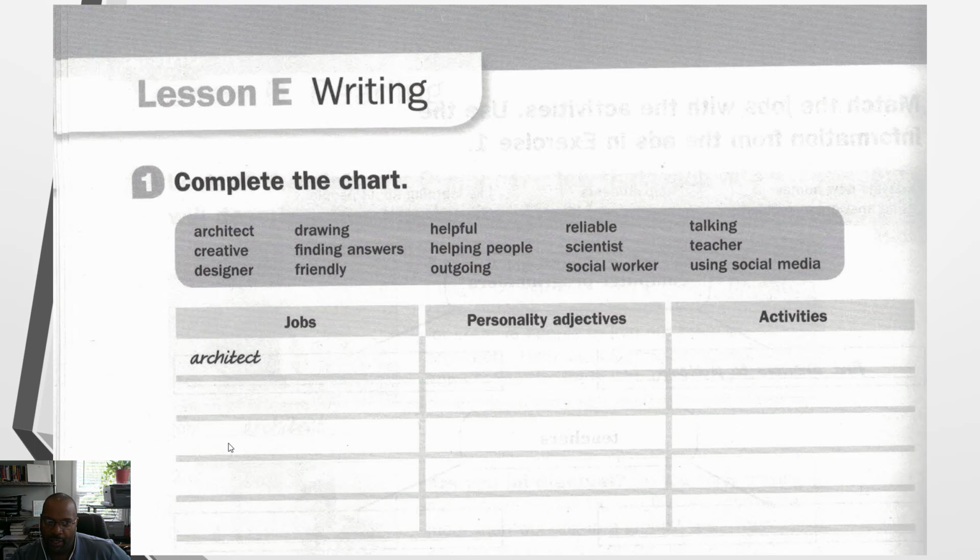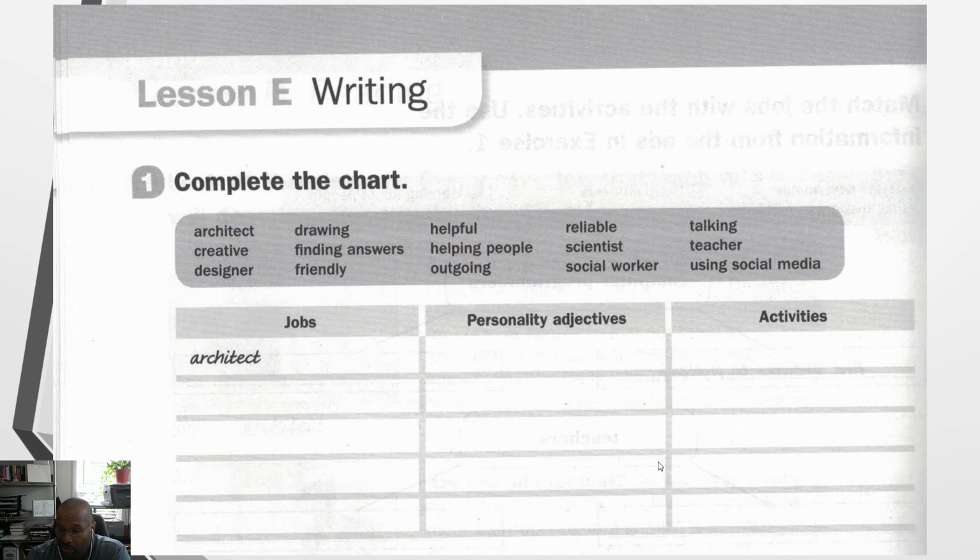The third one I got was scientist. For personality adjectives, I put down reliable. And then for activities, I put down finding answers. Now these were a little harder, so I'm not sure if all of us are going to have the same answers. I think they'll be very close.